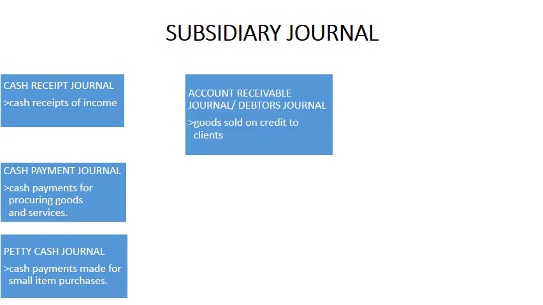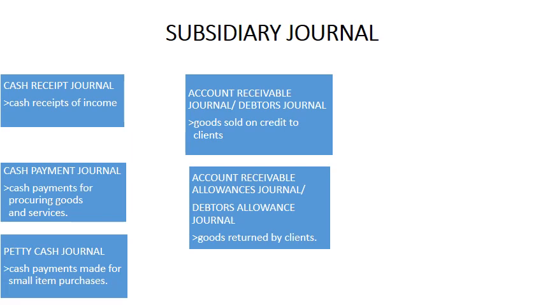The accounts receivable journal, also known as a debtors journal, will be presented to record goods sold on credit to clients. The accounts receivable allowances journal, known also as a debtors allowance journal, will be prepared to record goods returned by clients.